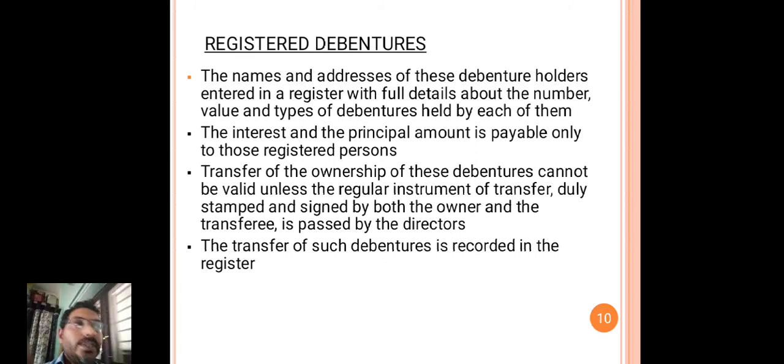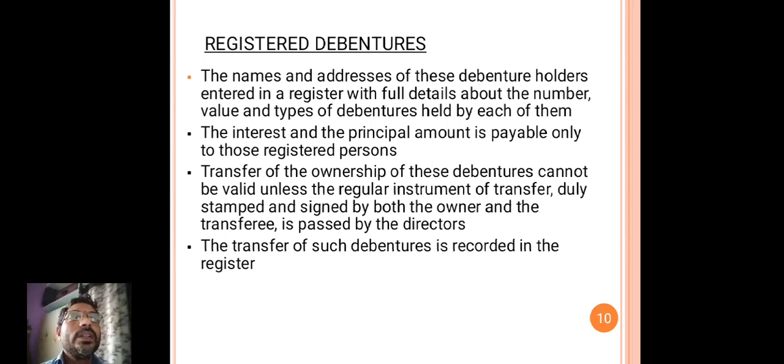Here, registered debentures: the names and addresses of these debenture holders are entered in a register with full details about the number, value, and type of debentures held by each of them.